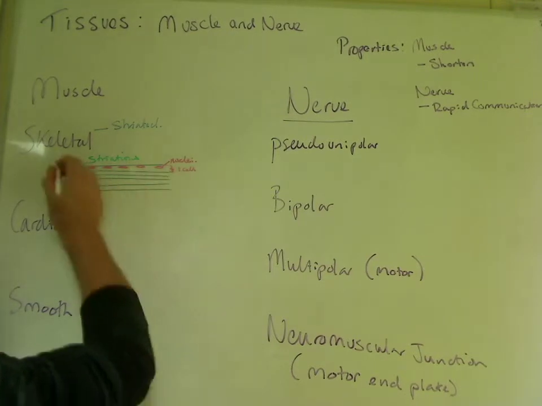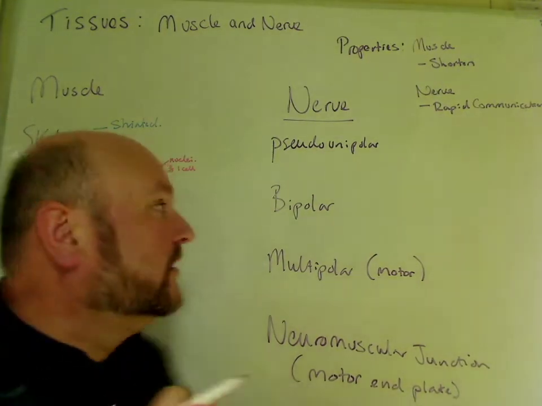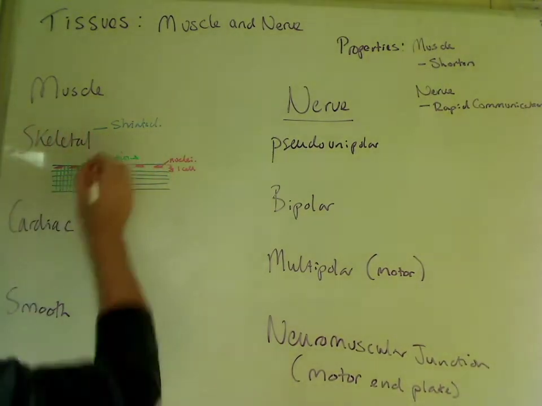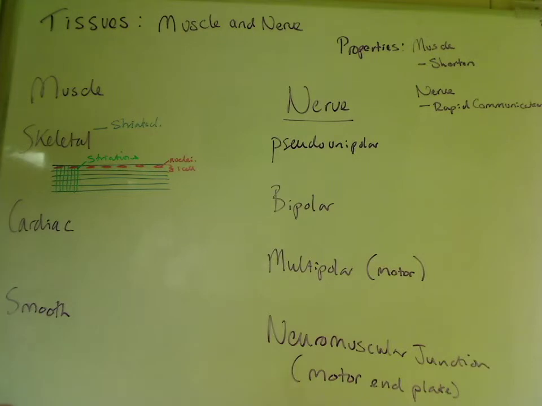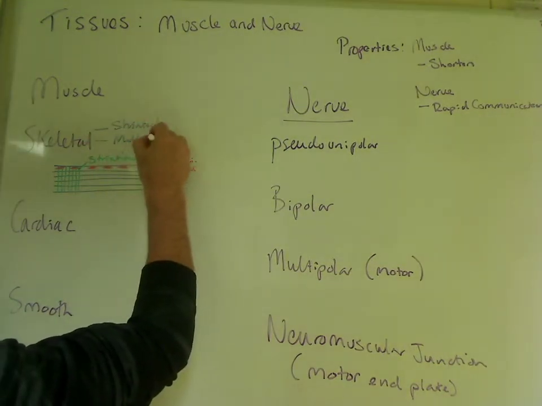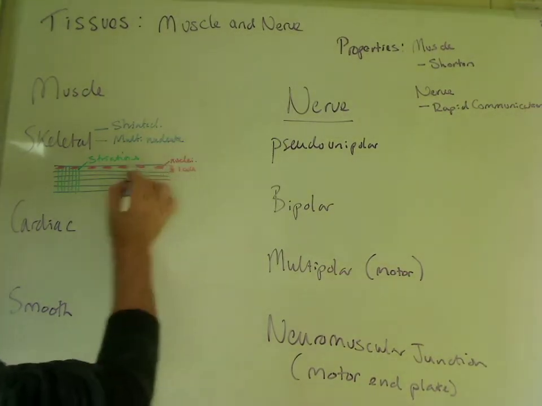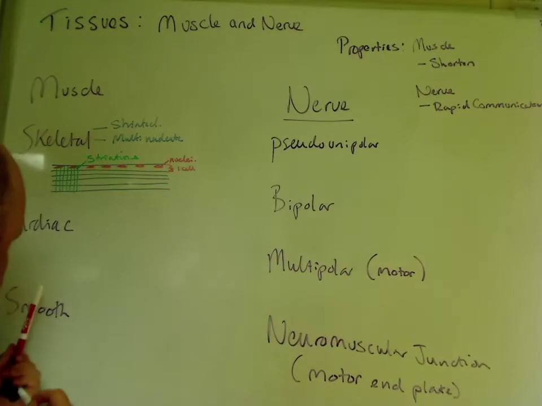That's why muscles are called fibers, because they're muscle fibers, because they're long and they're thin. Now, so they're striated, and they are multi-nucleate. They have many nuclei in one cell.